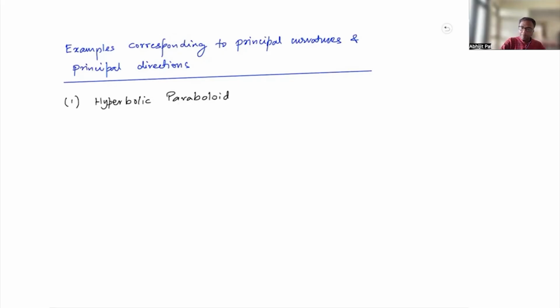So what is the hyperbolic paraboloid? It is given by the equation z equals y square minus x square. If I draw the paraboloid in R3, it looks like this.